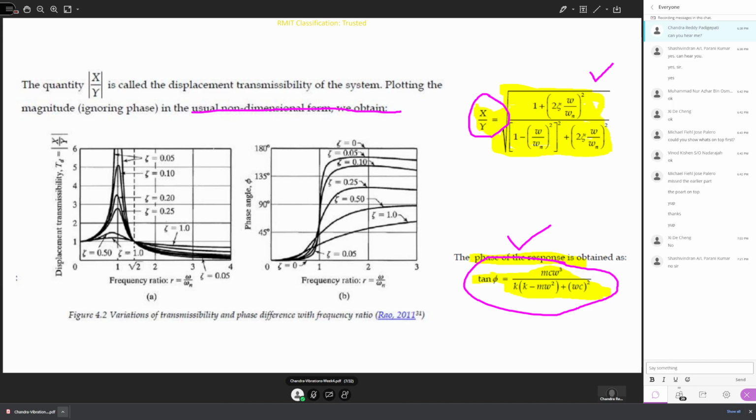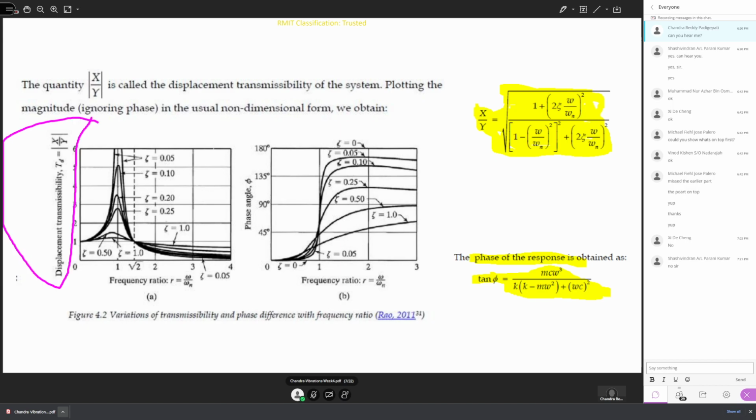All right. So now we pay attention to the figures here. Here you can see this is the displacement transmissibility or x by y, the magnitude. So the magnitude is taken. The x-axis is the frequency ratio. A plot of frequency ratio versus the displacement transmissibility gives maximum displacement when the frequency ratio is 1.